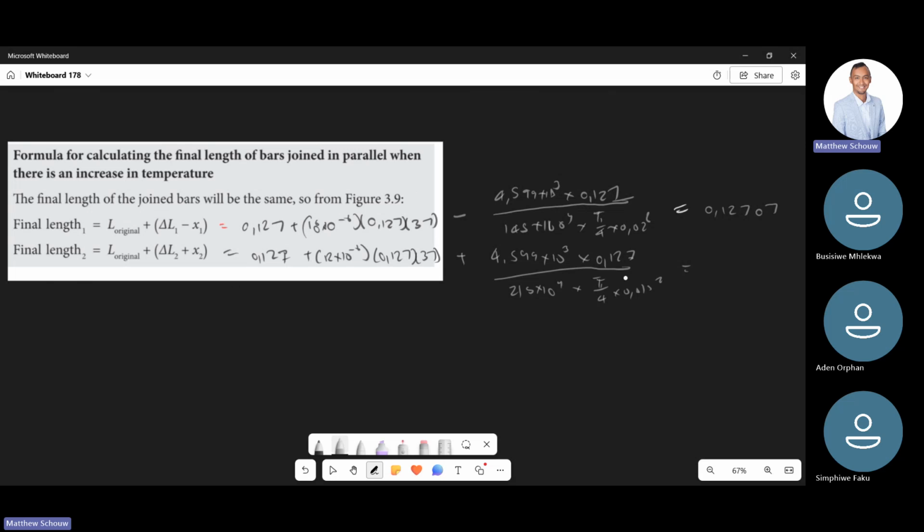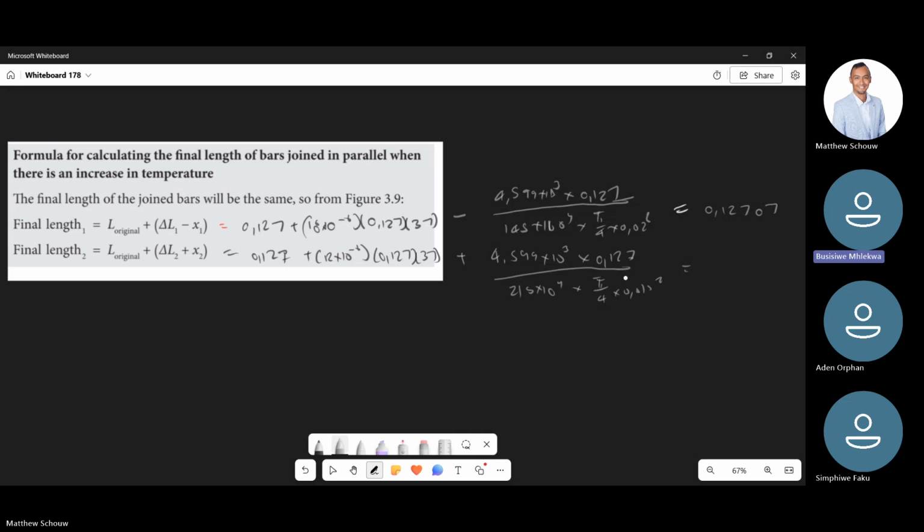I'll just check on my calculator quickly. Second one is more or less the same.